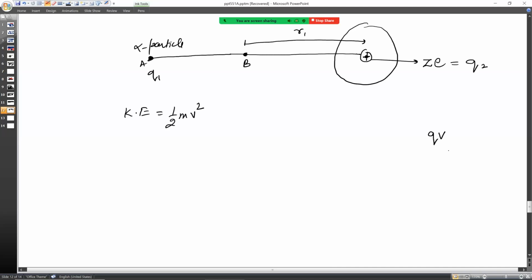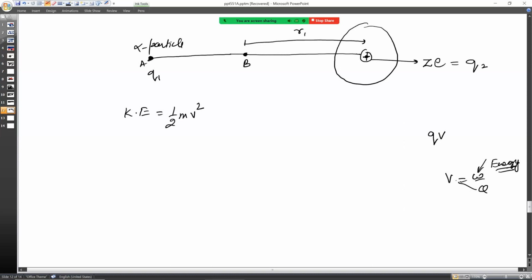How can you understand this one? V is equal to W upon q. Define 1 volt in physics. The work done in moving 1 coulomb charge from infinity to a point in an electric field is known as 1 volt. And work done is also known as energy, because work done and energy have the same unit, joules.